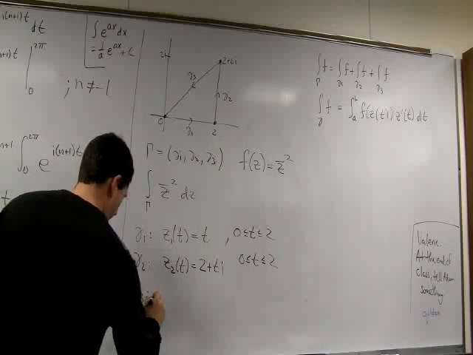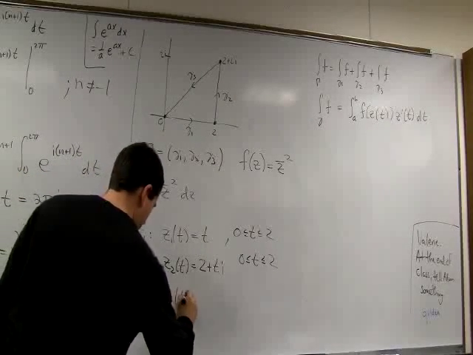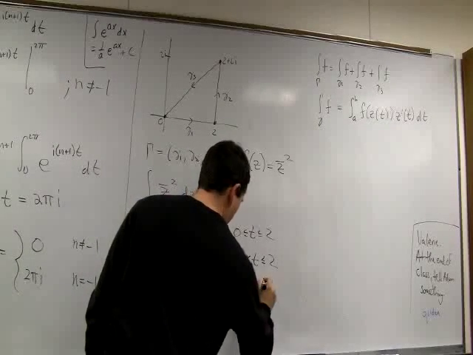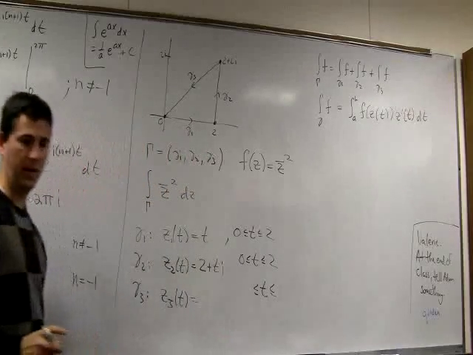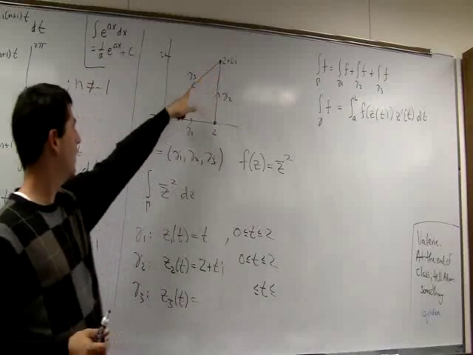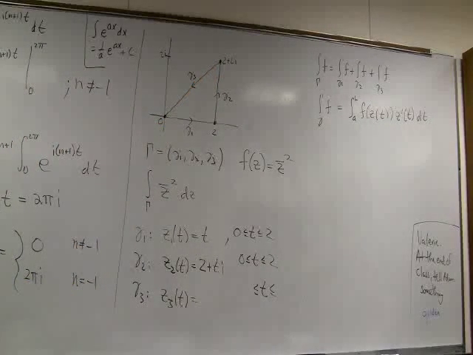How about gamma 3? We'll call it z3 of t. Now we want to get from 2 plus 2i down to 0. Maybe this is the hard one.